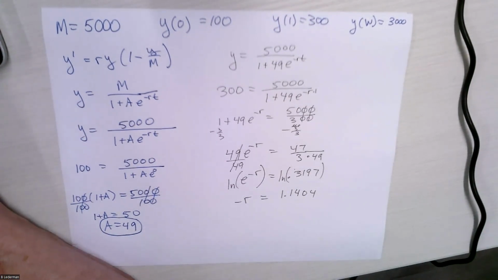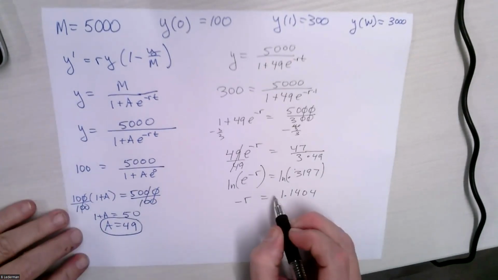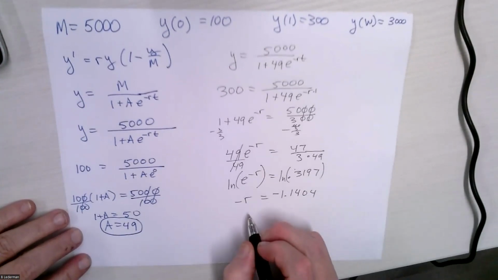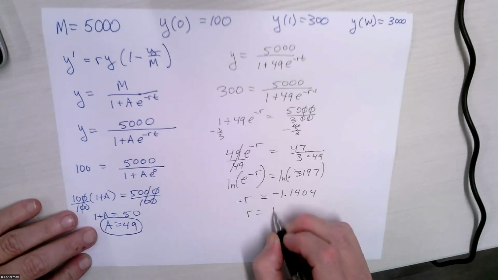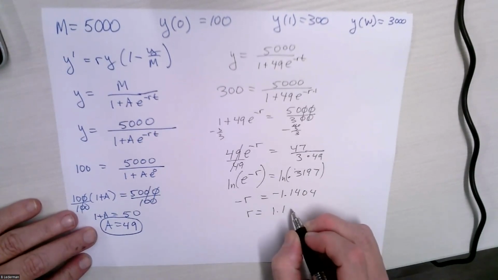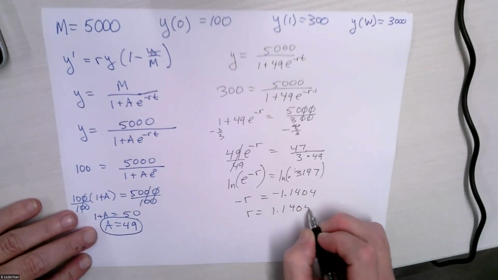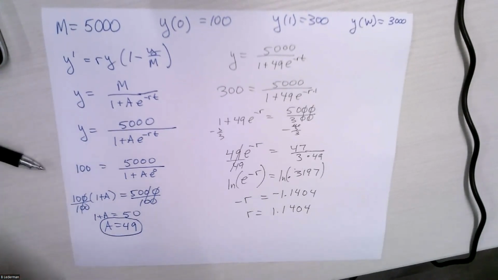We're rounding, which means that r is equal to positive 1.1404.